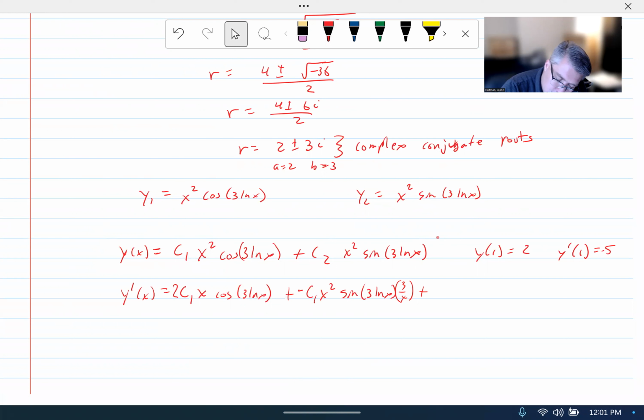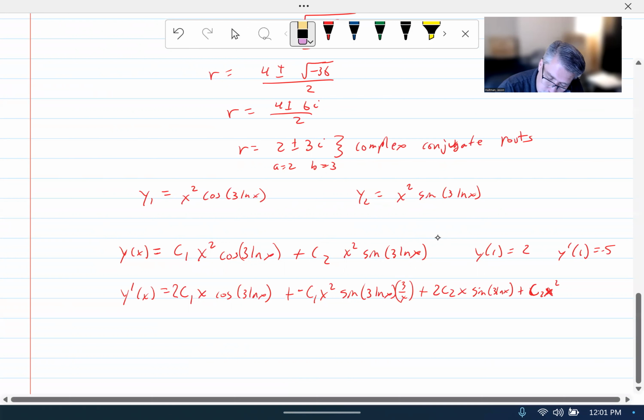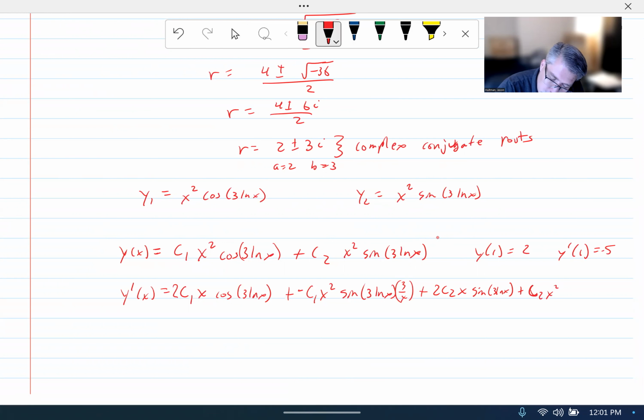Okay, second term is going to be 2C2x sine of 3 natural log of x plus C2x squared times the derivative of sine, which is cosine of 3 natural log of x, times the derivative of 3 natural log of x, which is 3 over x.